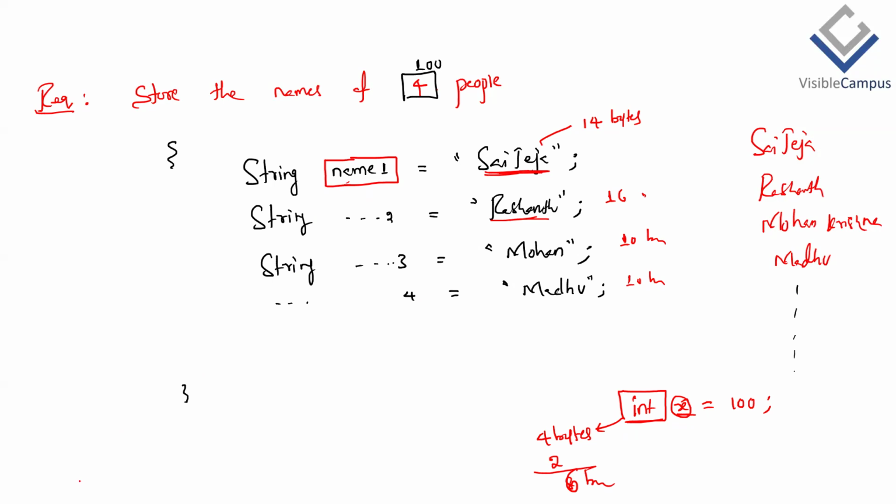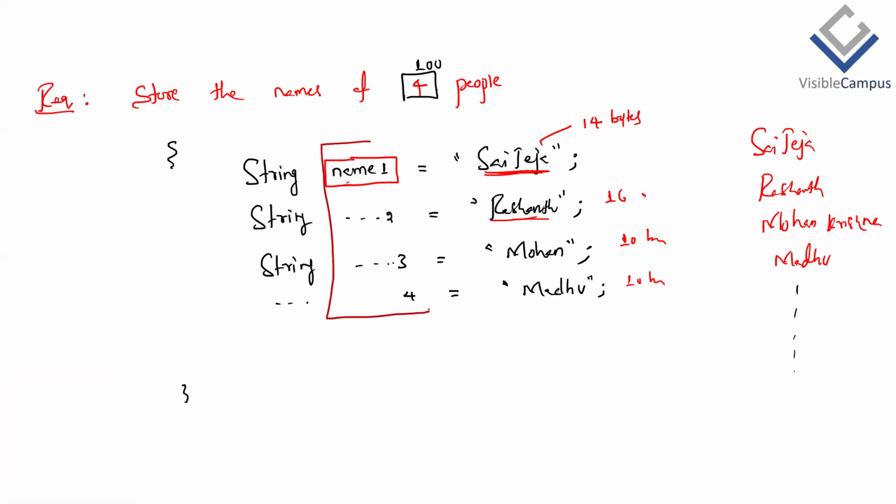So now this name1 as a variable will consume how many bytes of memory? 10 bytes. Name2, 10 bytes. Name3, 10 bytes. Name4 also 10 bytes. Only for these 4 variable names, how much is the memory consumption? 40, yes or no? 10, 10, 10, 10. So this is 40 bytes of memory consumption.